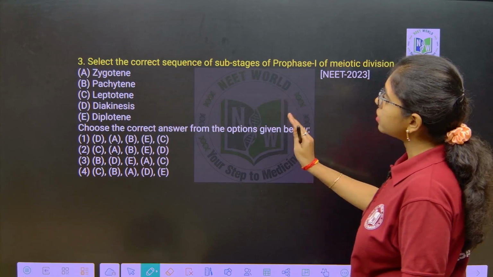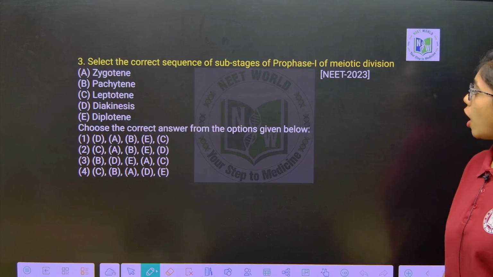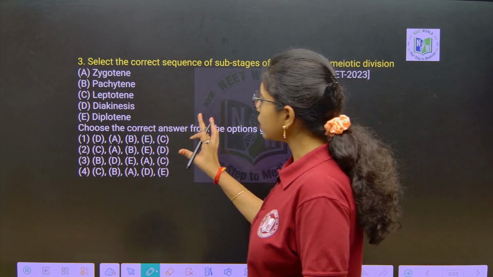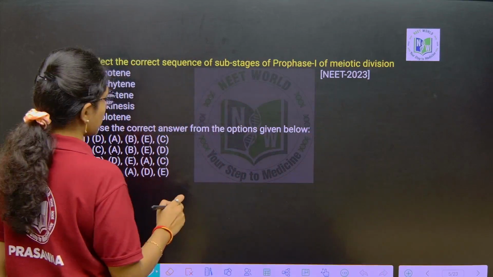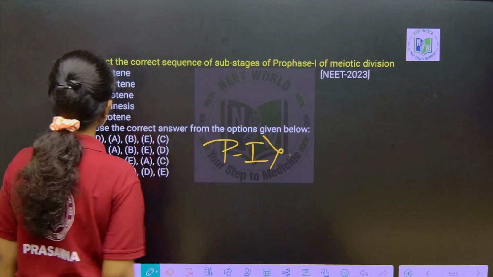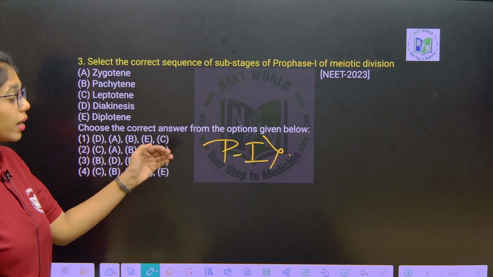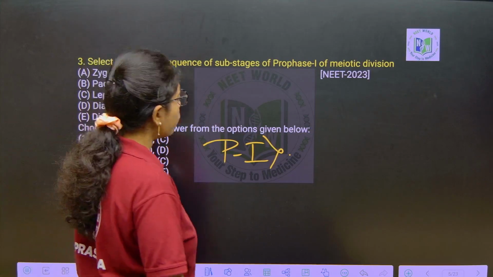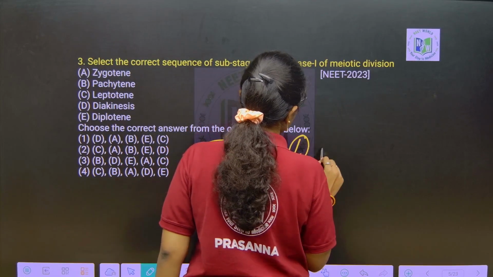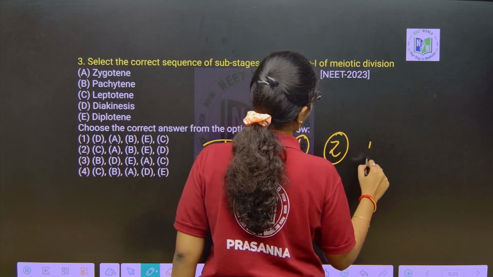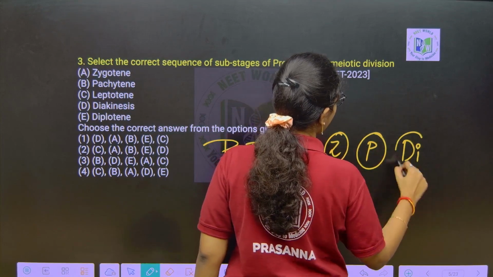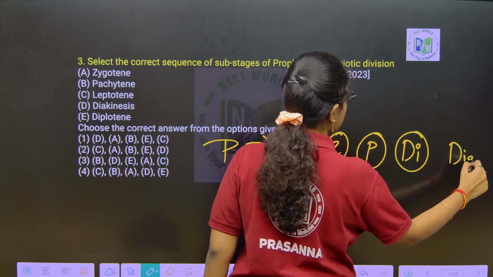Select the correct sequence of substages of prophase 1 of meiotic division. He is asking from prophase 1, what are the correct sequence of the substages? First is leptotene, then zygotene, followed by pachytene, followed by diplotene, and then diakinesis.